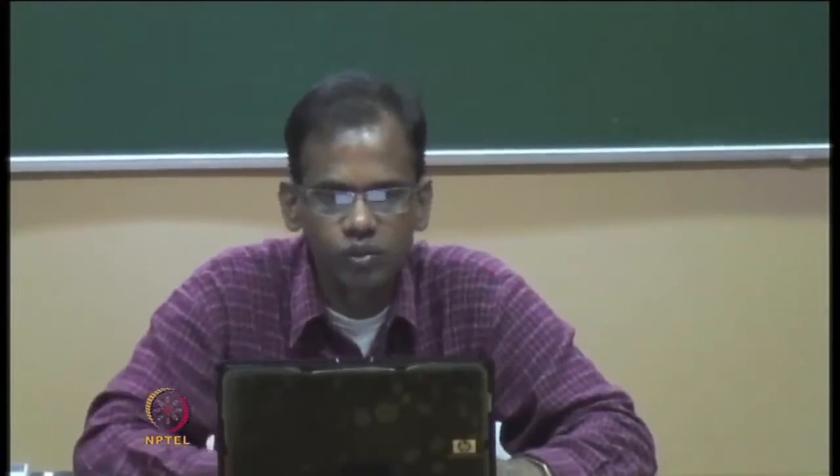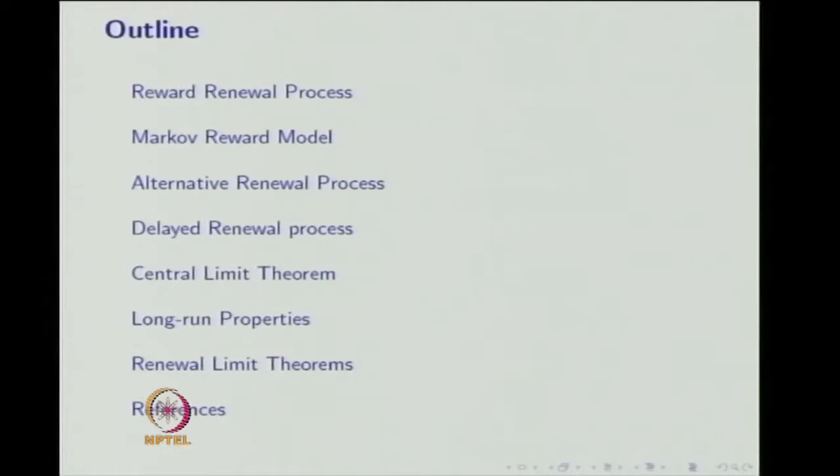In Lecture 2, we are planning to discuss the reward renewal process. As a special case, we are going to discuss the Markov reward models. Then we are going to discuss two different renewal processes, that is the alternating renewal process and the delayed renewal process.